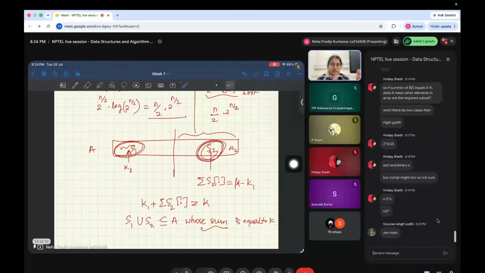So if this is clear, can someone fill up the rest of the thoughts? So what will you do? How will you efficiently find, given that you have a sorted array here and a sorted array here, whether there is a subset S with some k?